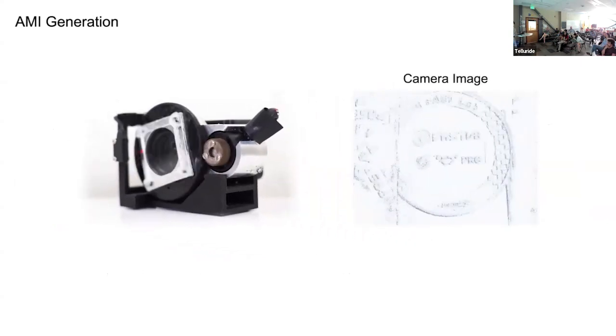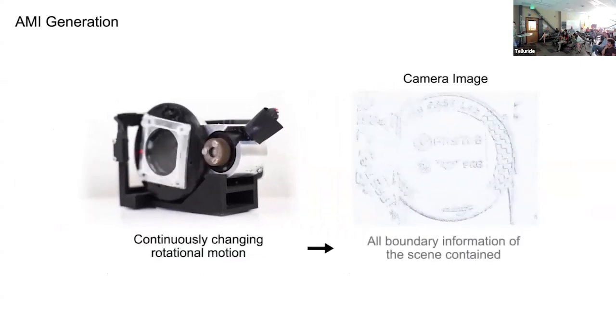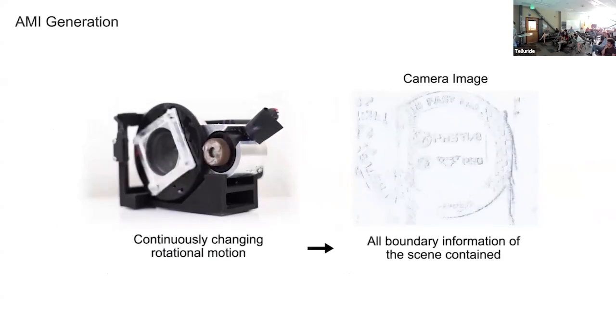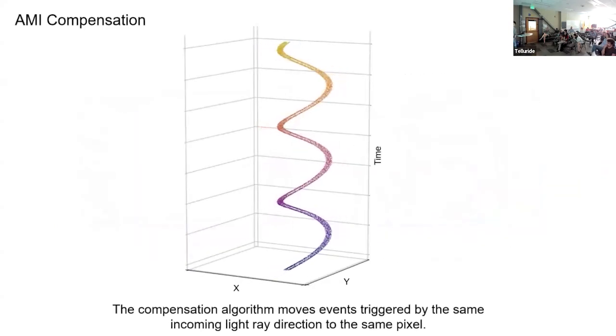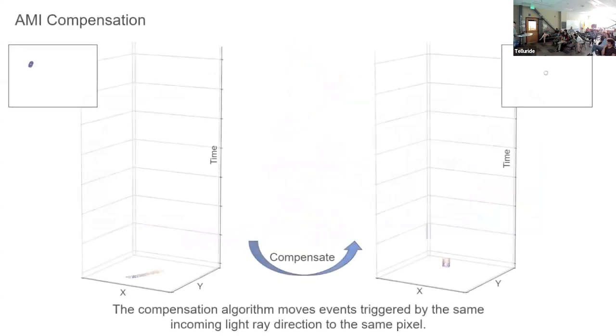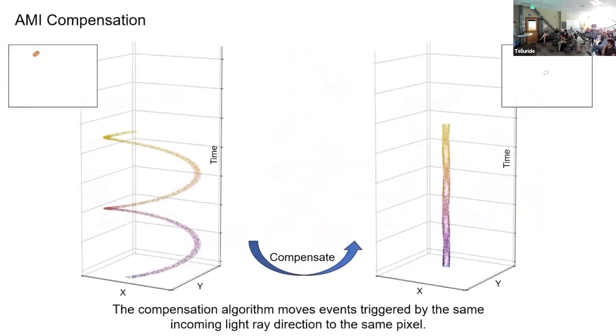It rotates like this, and that's our raw output. When the camera is static, we can still perceive the background. And since we can compensate the rotation, we can get very sharp edges as if there's no rotation.